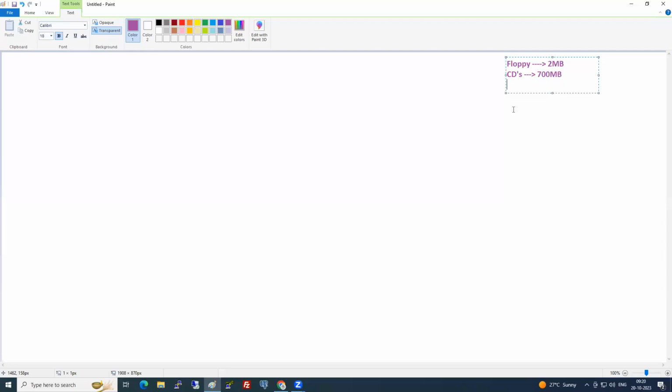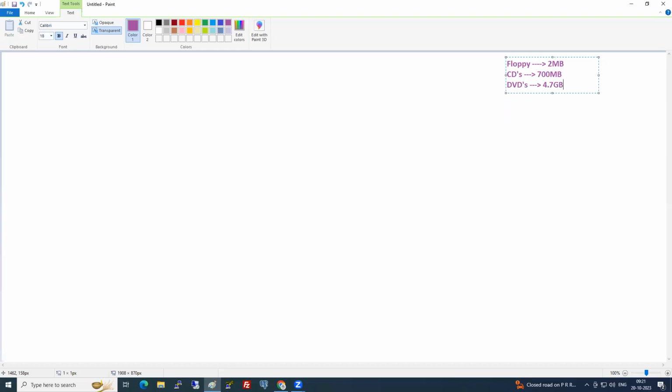Round color, compact disk, right? But that CD was only 700 MB. We used to put the data in CDs also. Later, CDs also were not sufficient. What did we get after that? DVDs. Now tell me, what is the size of the DVD? 4.7 GB.